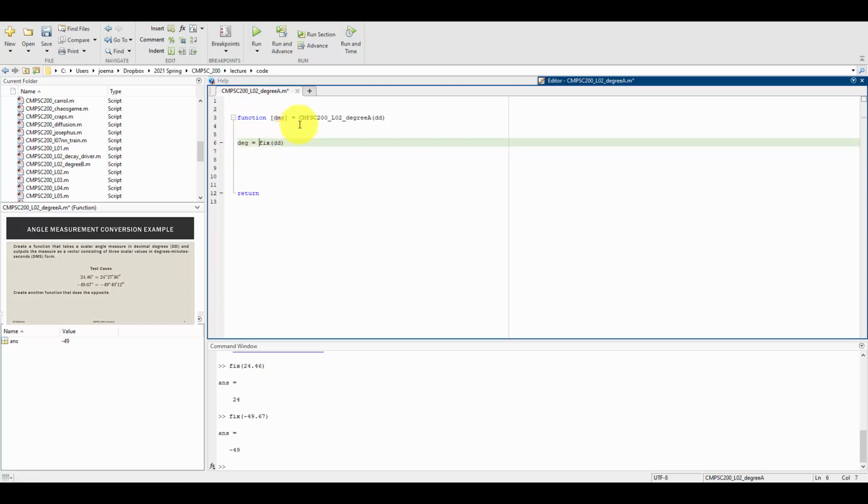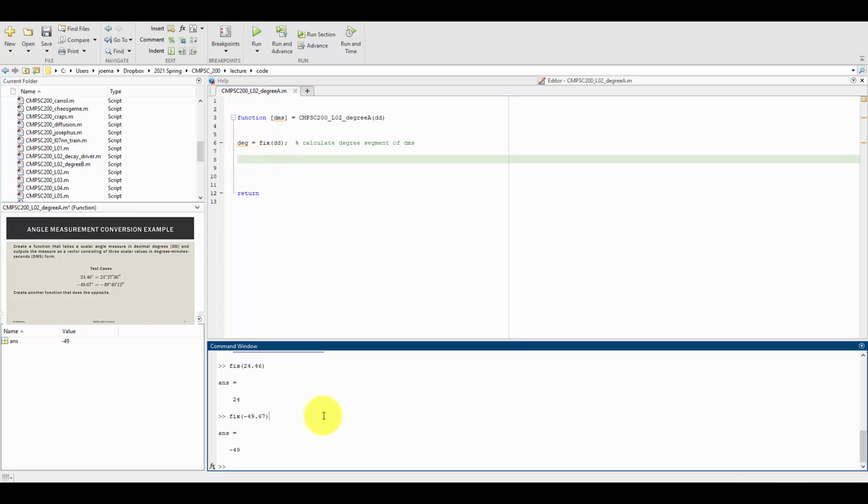So let's say degree, deg, I'll call it. So this will be calculate degree segment of DMS. Okay, so that's going to pick off, like we see in the two examples, the 24 and the negative 49 part. So what we are left with is then that decimal part.